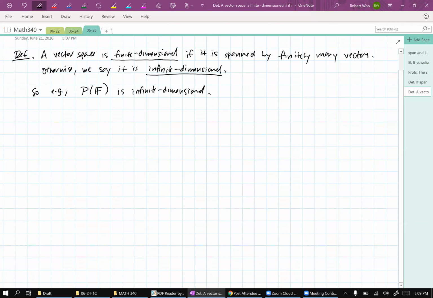Okay, so suppose you had finitely many polynomials that spanned, right? So here's the proof sketch. If you take the span of finitely many polynomials, maybe f1 up through fn, I want to show that you can't possibly get all of the polynomials.